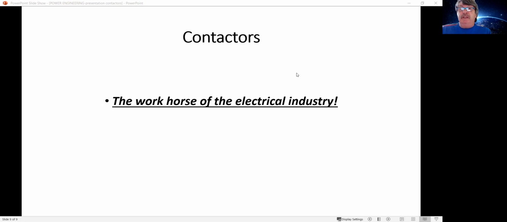These devices go out there and just work for a living. They work for many, many years until such time as they stop working. So contactors are the workhorses of the electrical industry, and without them, probably nothing would in fact happen in our daily life.